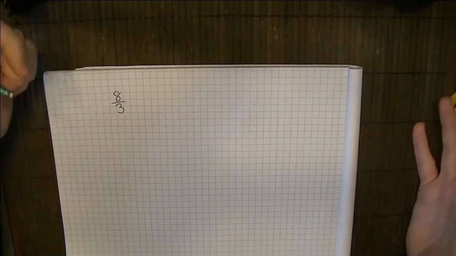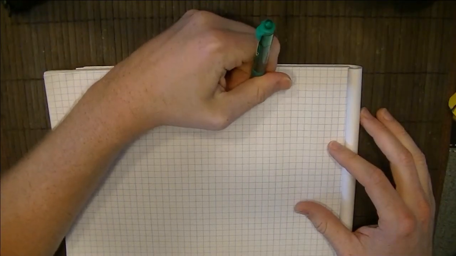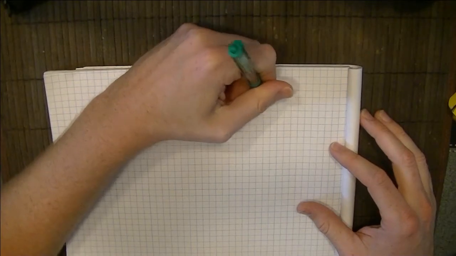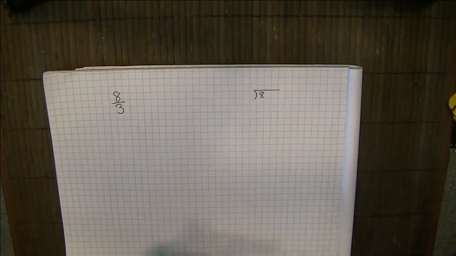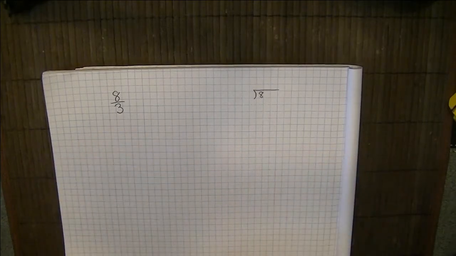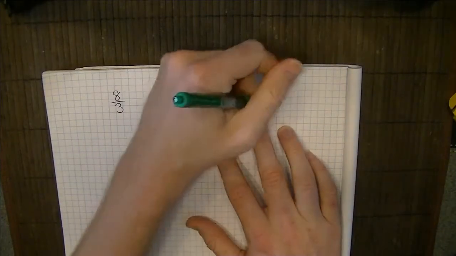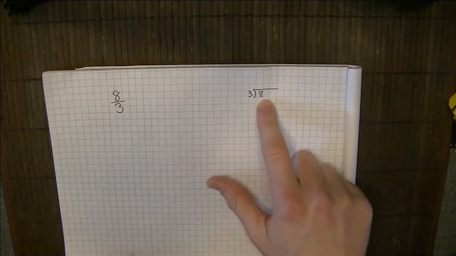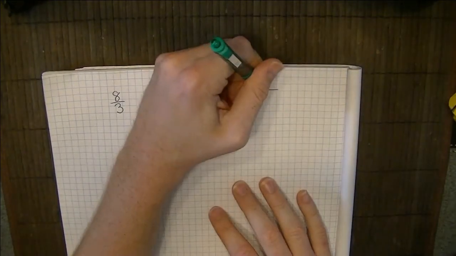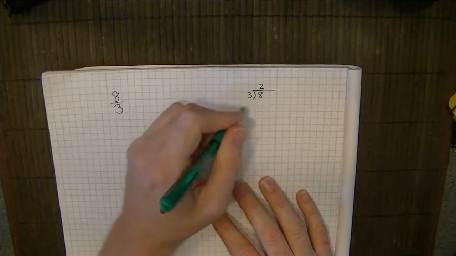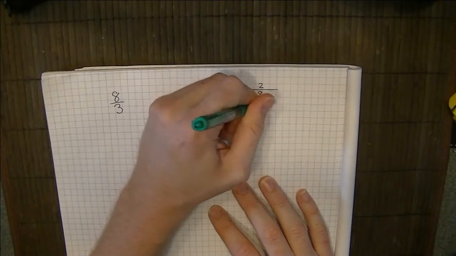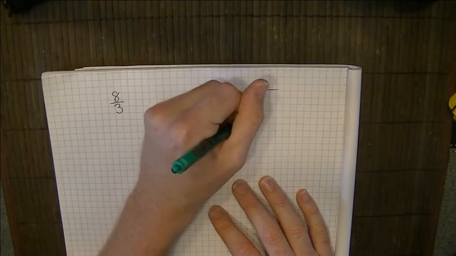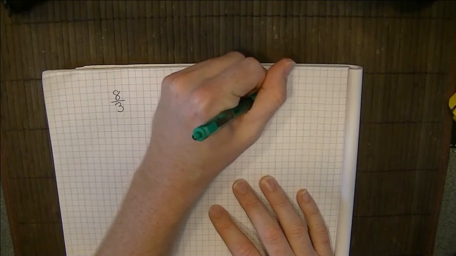So the easiest way that we have of doing that is division, right? I'm going to use the long division notation, but really we could pretty much get the answer without having to write everything out long division style. But here we go. 3 goes into 8 twice. 2 times 3 is 6. 8 minus 6 is 2, so I have 2 remainder 2.